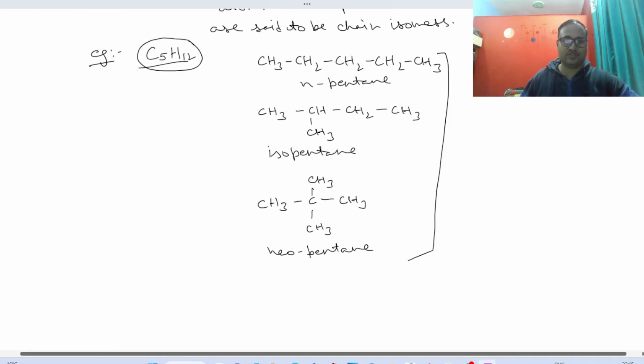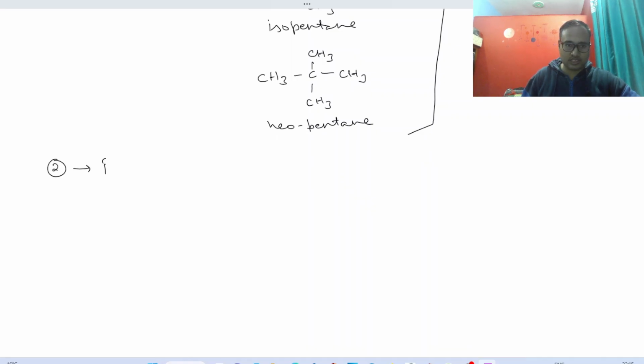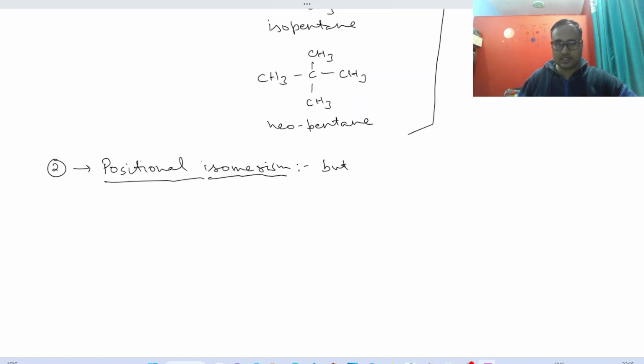Okay, fine. So let us move to the next isomerism, second, which is our positional isomerism. In positional isomerism, again we will have the same molecular formula of the compound, but different position of substituent.